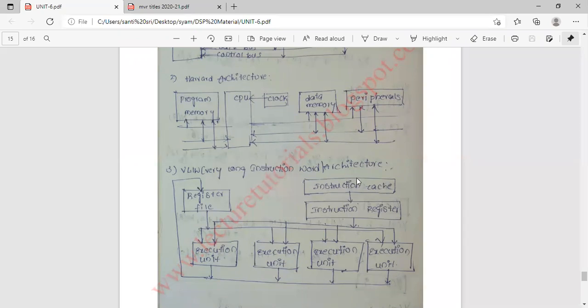Instruction cache means instruction memory; from that the instruction register will come and be given to the execution units. All these interconnected execution units are connected to the register file, and that register file is again connected to the execution units. So this is the very long instruction word architecture.